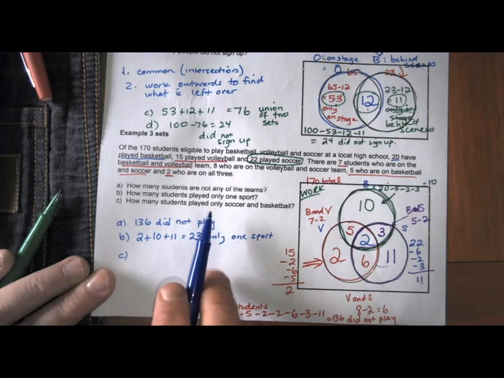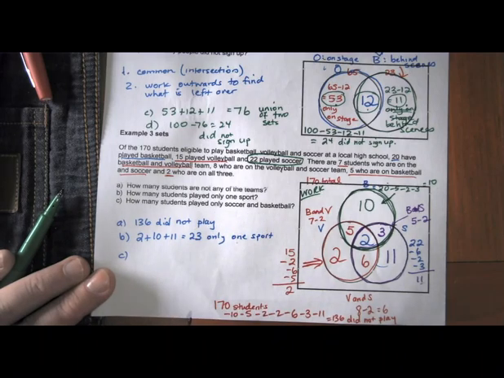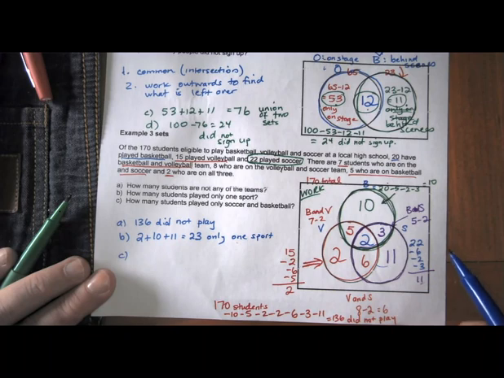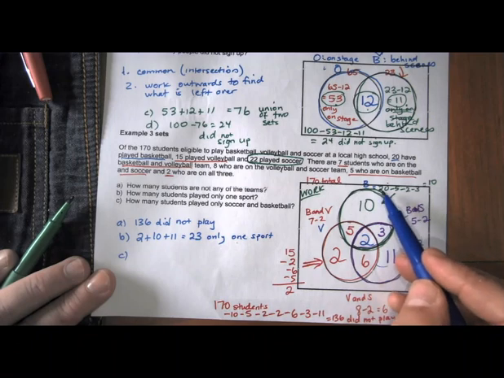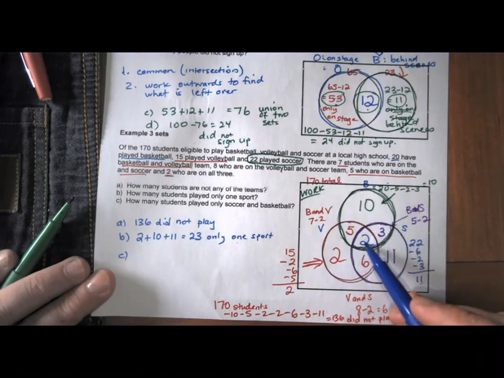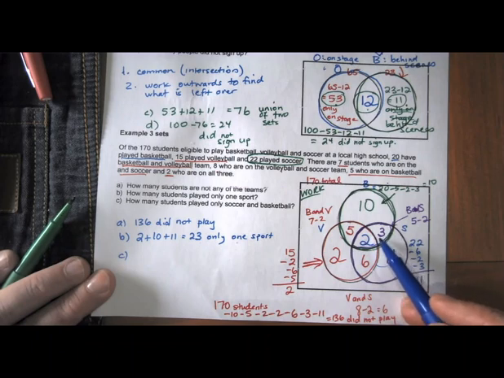How many students played only soccer and basketball? That's interesting. So only soccer and basketball. Well, first of all, we have to look at where's the soccer ring. So that's the purple one. And where's the basketball ring, it's this one. So it looks like it's 2 and 3, which is 5.